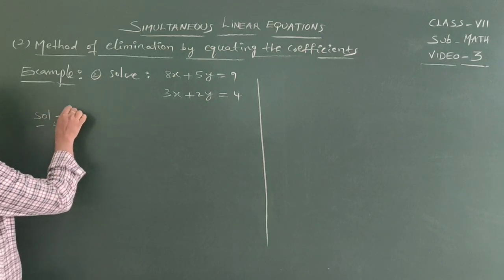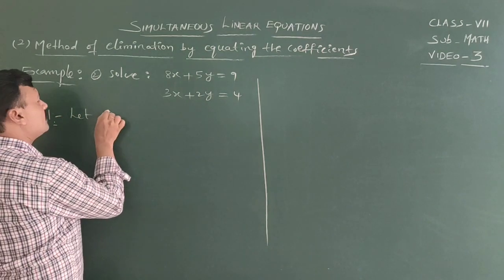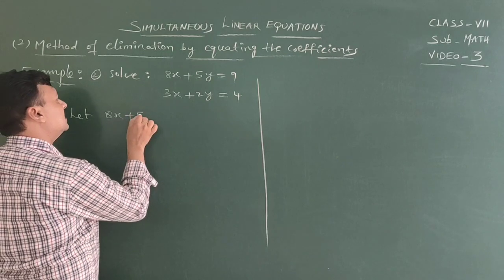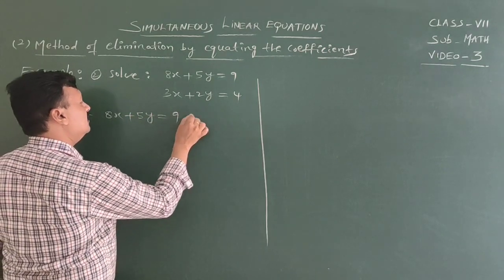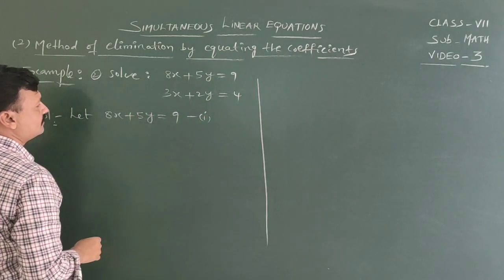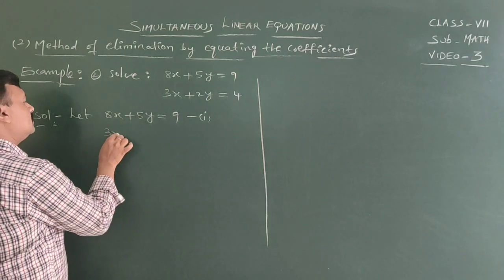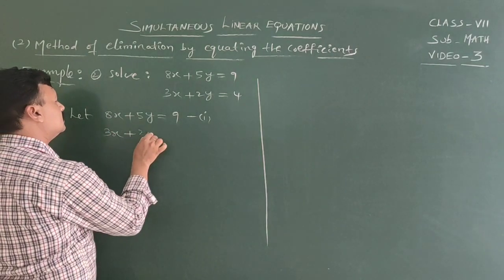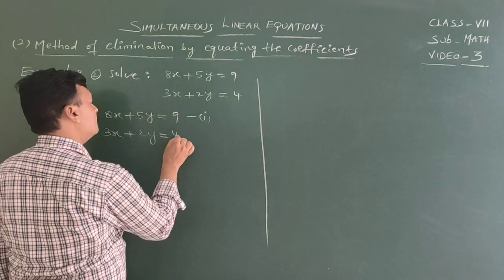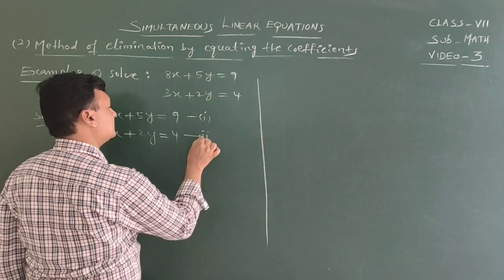Let 8x plus 5y equal to 9 be the first equation. 3x plus 2y equal to 4 be the second equation.